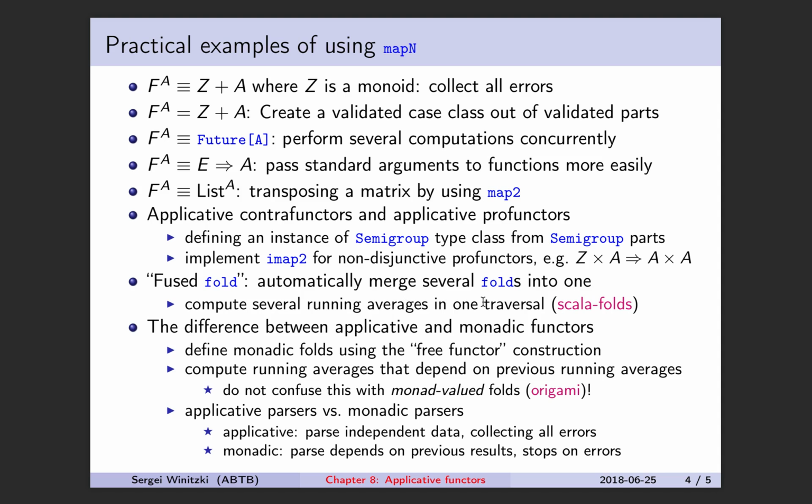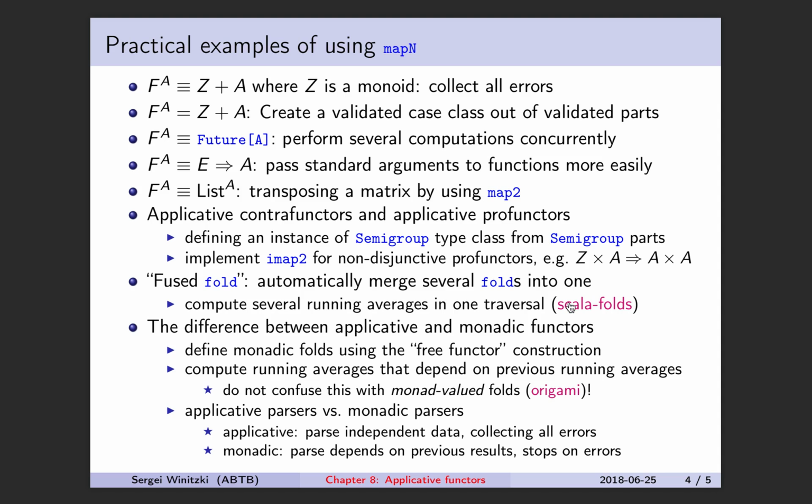It's better to iterate once and accumulate more intermediate results. But when you write code for this, it becomes cumbersome. You have to do it every time. You have to write a different complicated fold function. So the idea here is that we can actually automatically merge several of these fold functions into one so that everything is computed in one traversal.